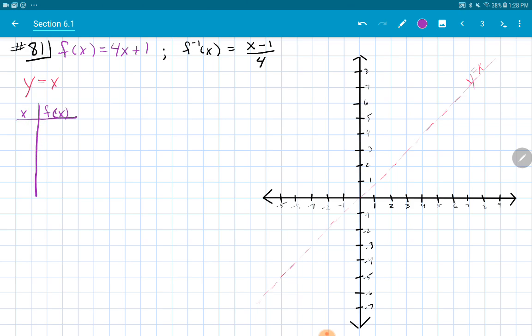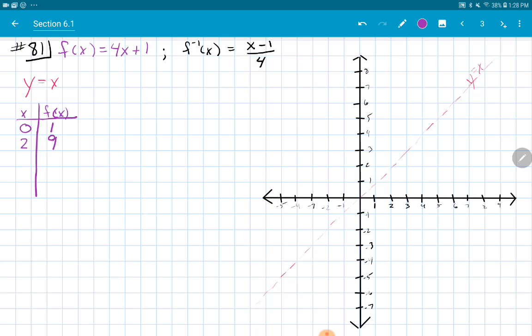When x is 0, I get 4 times 0 is 0 plus 1, which is 1. When x is, let's do 2, we get 8 plus 1, so that's 9. And it's a straight line, so 2 points will make a line.